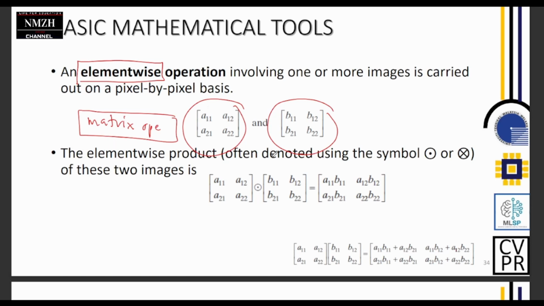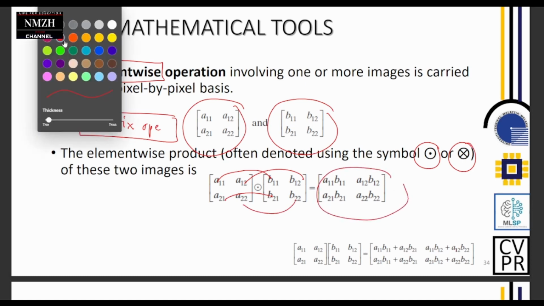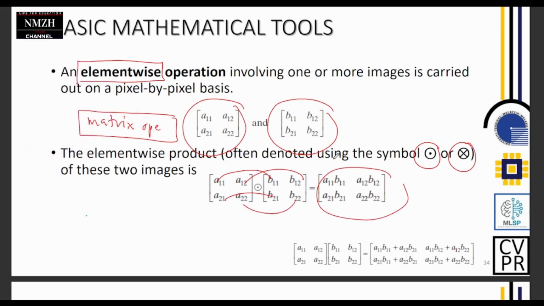Element-wise operation is symbolized like this and this. Meaning element-wise is basically straightforward pixel to pixel: number 1 to 1, number 2 to 2, number 3 to 3, and number 4 to 4. But in the common matrices fundamentals, the matrix operation, we need to have this operation: we multiply this by this, and this by this, having this.